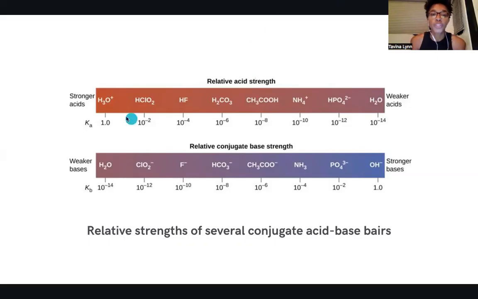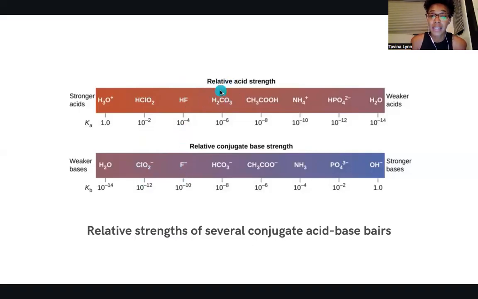So we're showing conjugate acid base pairs. H3O plus is the acid, its conjugate base is H2O. HClO4 is the acid, right, perchloric acid, and its conjugate base is perchlorate. Hydrofluoric acid, its conjugate base is fluoride.